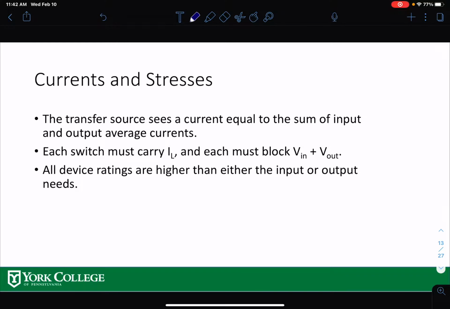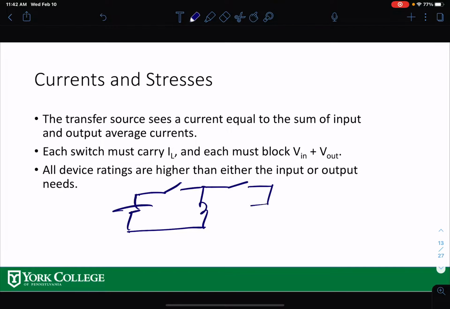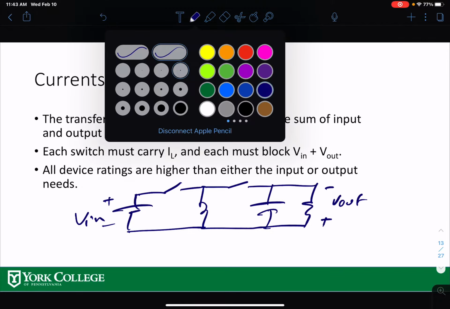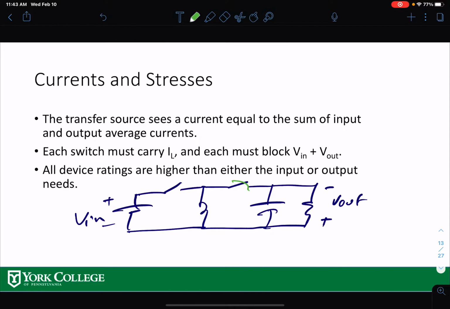Okay, so now I'm going to draw the buck boost converter again to make sure that we can see it graphically. Now this is your V out, and this is your V in, right? So now if your switch 2 is on and switch 1 is off, that means over here your negative V in comes in, and over here is positive V in.